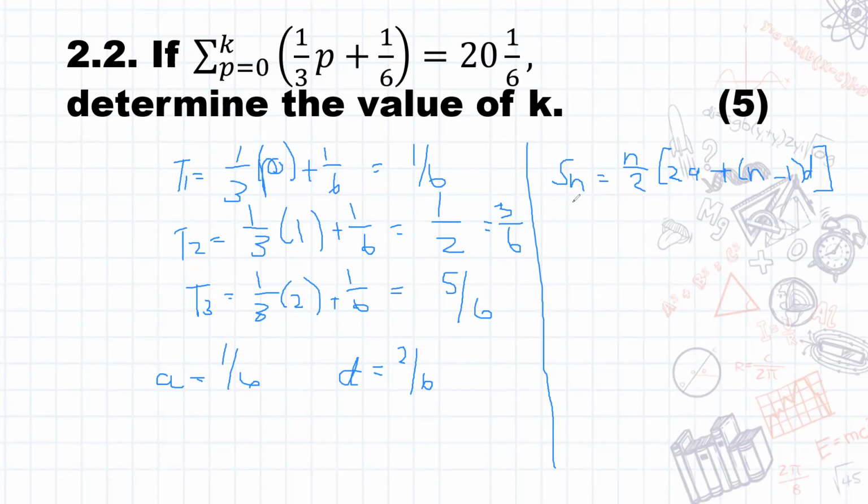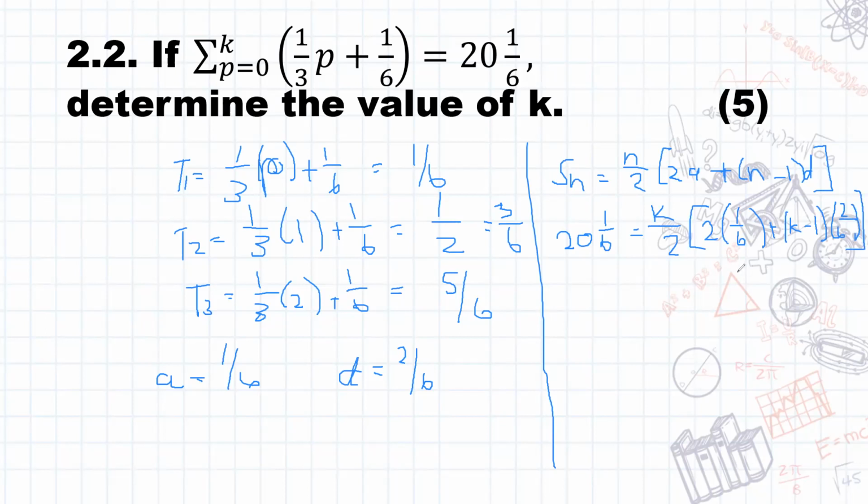Okay, so now the sum of n, we know from what it's given us, is 20 and 1/6, right? We have n, which we don't know, that's actually k, which is what we're looking for, over 2. Our a value is 1/6, plus k is what we're looking for, and our difference is 2/6.